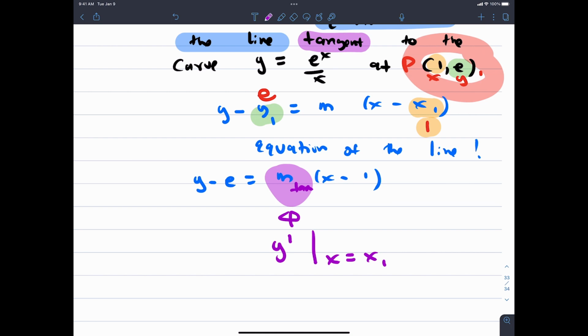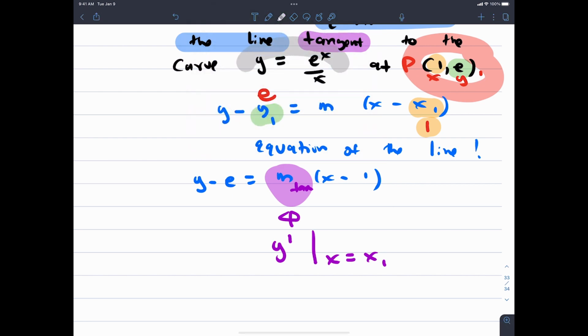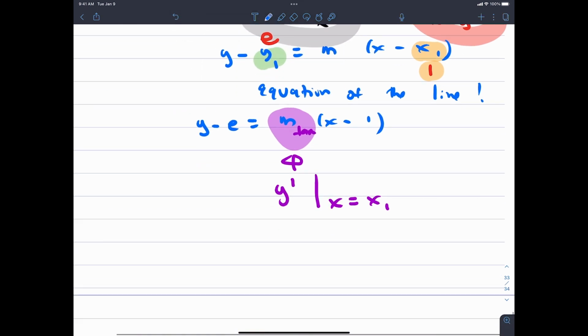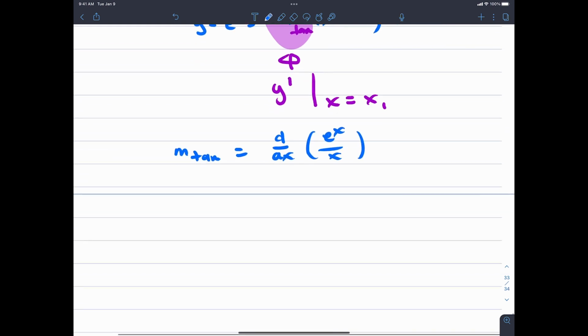So you need the derivative of that function, ladies and gentlemen. Could you take the derivative of that function? We can. Remember this: m tangent is the derivative of e to the x over x. How do we get that derivative?